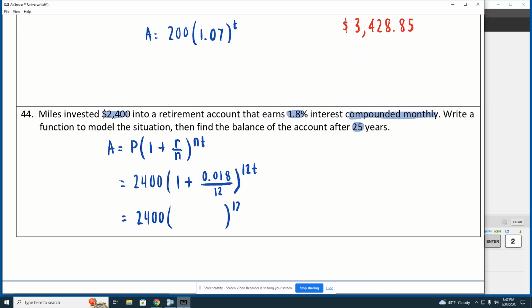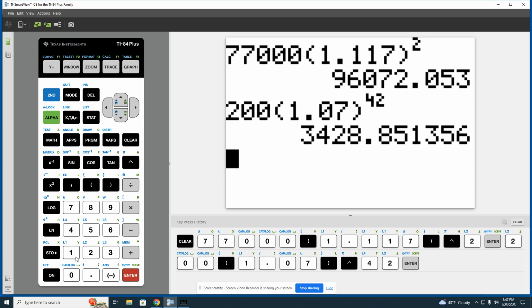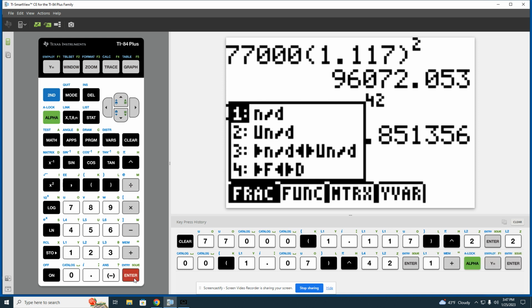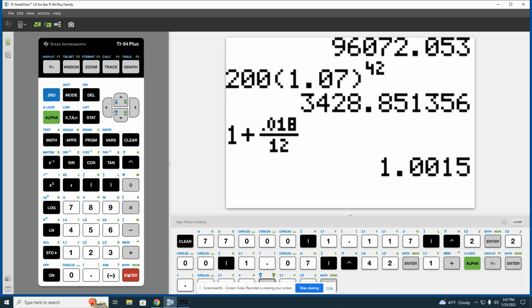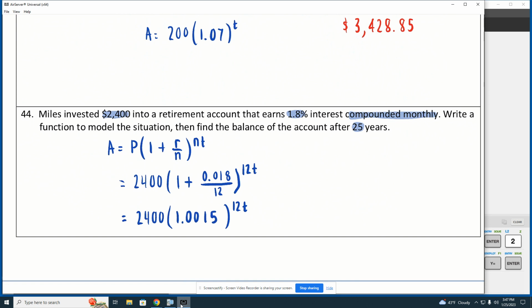I'm going to leave the 12t obviously alone, but I want to go type this into my calculator. 1 plus 0.018 over 12. And that broke down to 1.0015. So hopefully you got that too. There's my equation to model this situation.